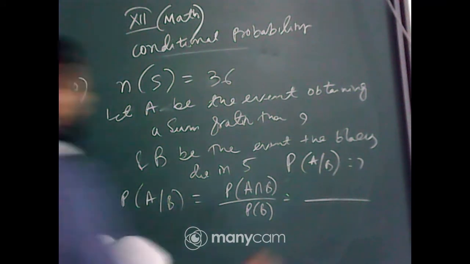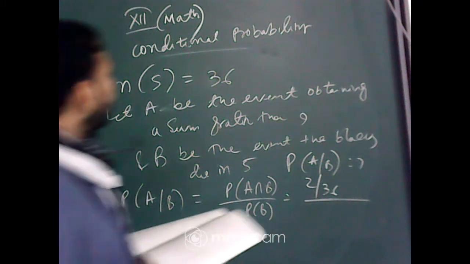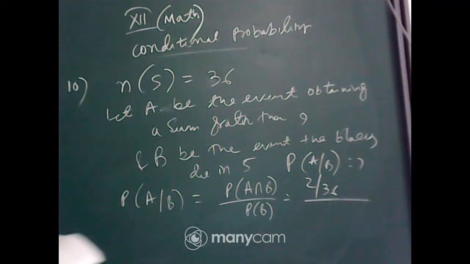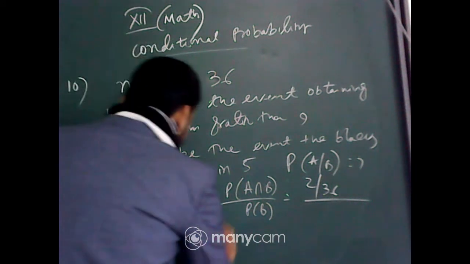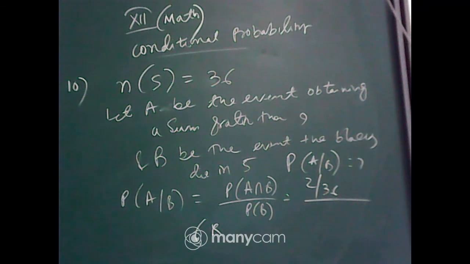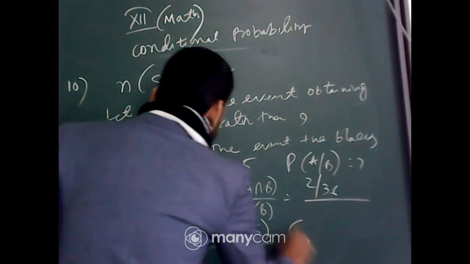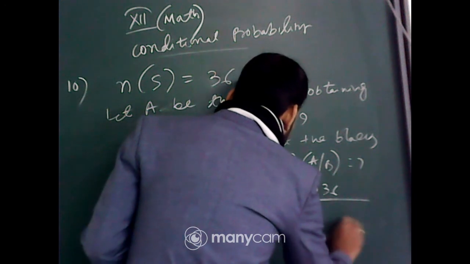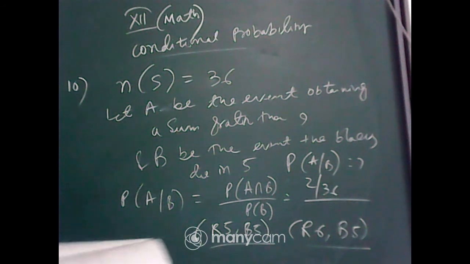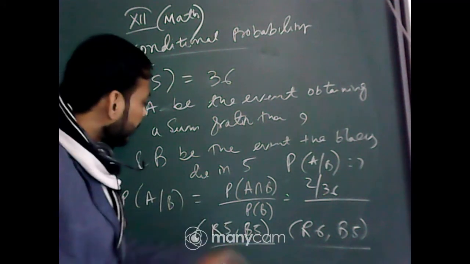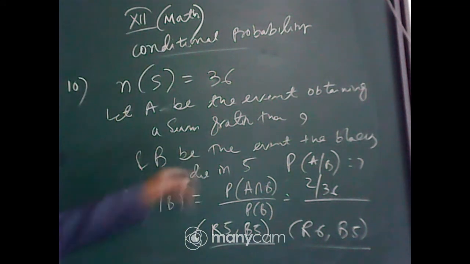Why 2 by 36? There are two favorable cases: the red die in 5 and the black die in 5, and the red die in 6 and the black die in 5, because the black die is always 5.